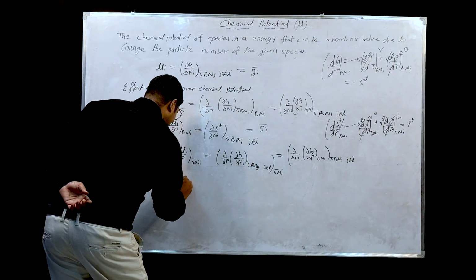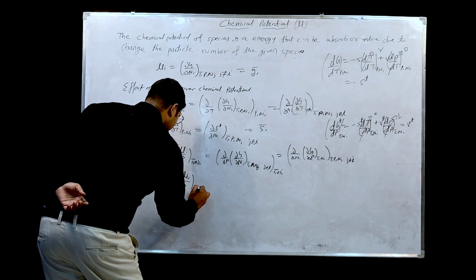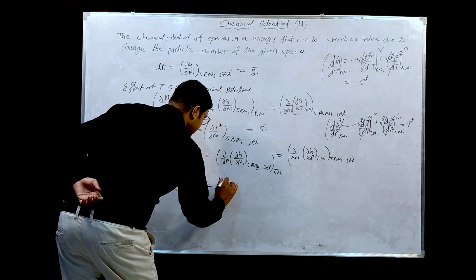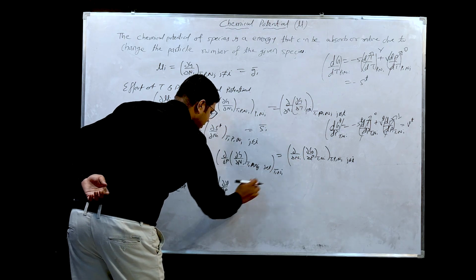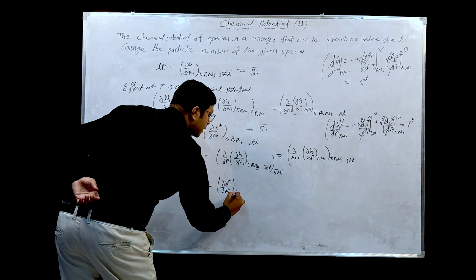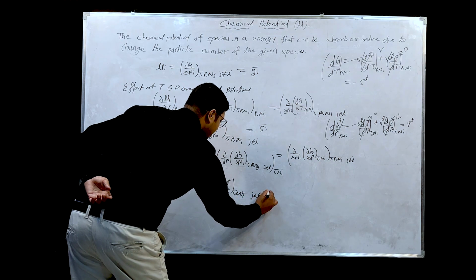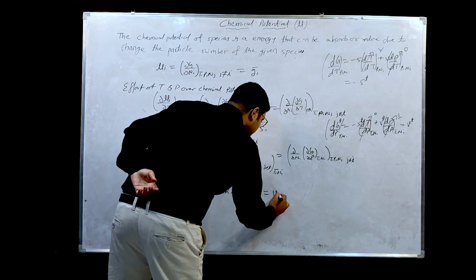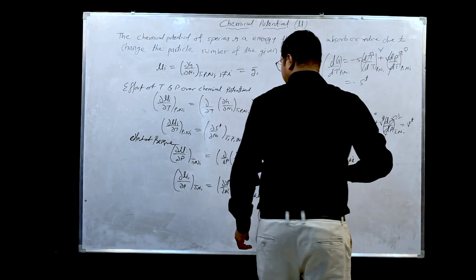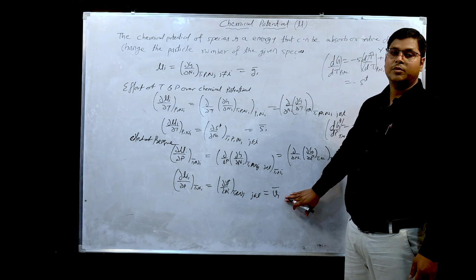So let's put it over here: ∂μi/∂P at T, Ni is equal to ∂/∂Ni of Vt, where temperature, pressure and Nj, and this is the partial molar volume. So the change in chemical potential with pressure comes out as the partial molar volume.